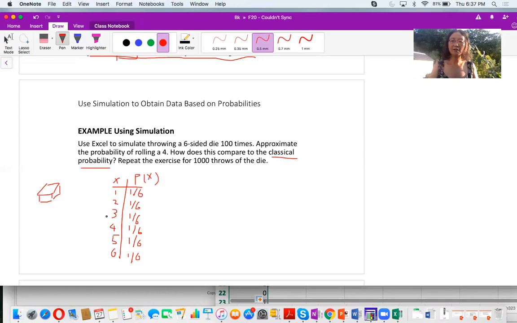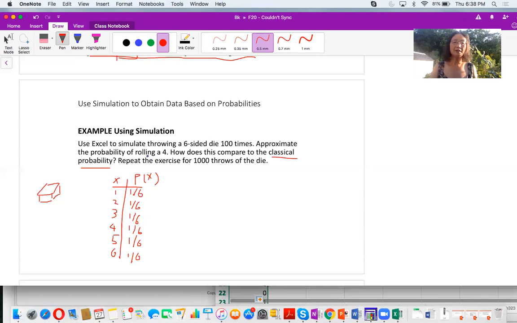This table is a probability distribution table because it satisfies two conditions. One, each number is between 0 and 1. Second, if you add all these numbers together, you get 1.